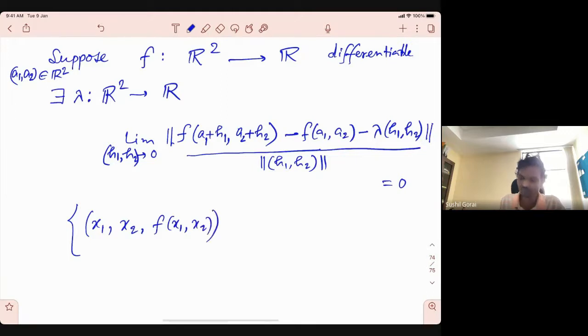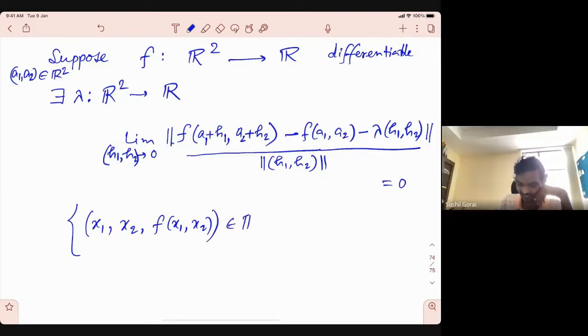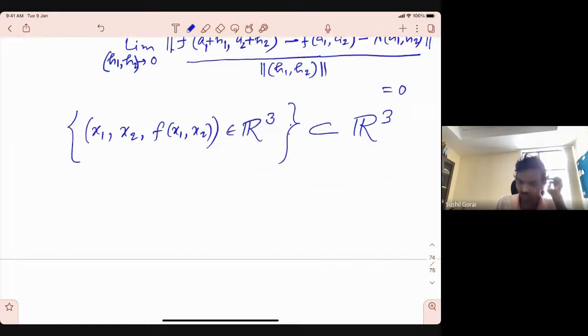Now where would this lie? In R3, right. So this should lie in R3, and f is as this. So this is a subset of R3. And subsets of R3 can be anything, right?